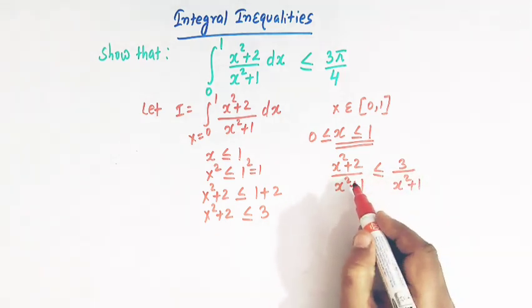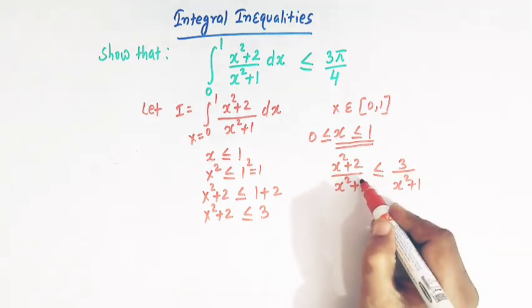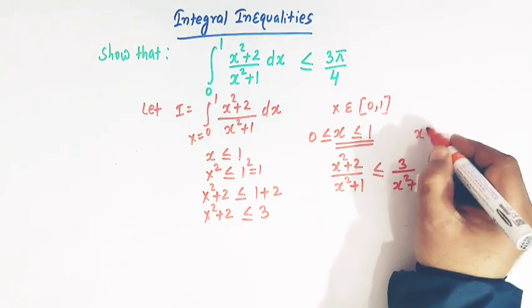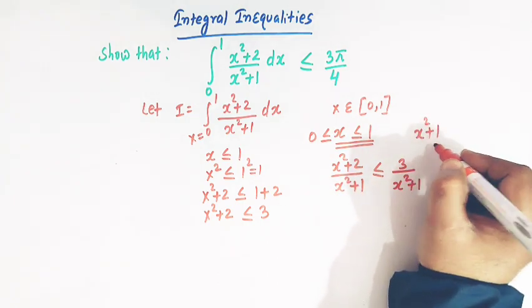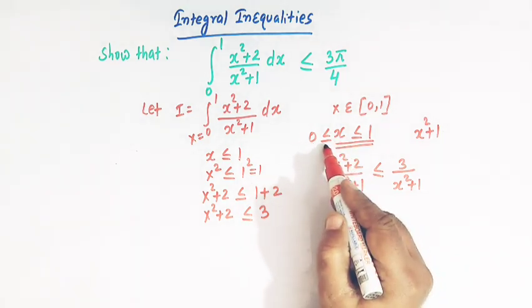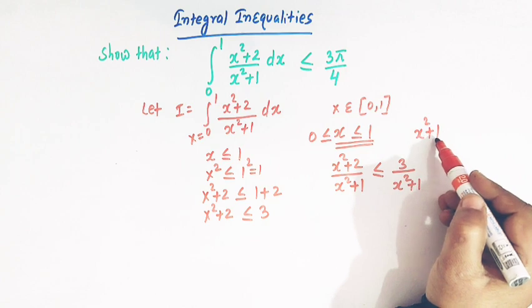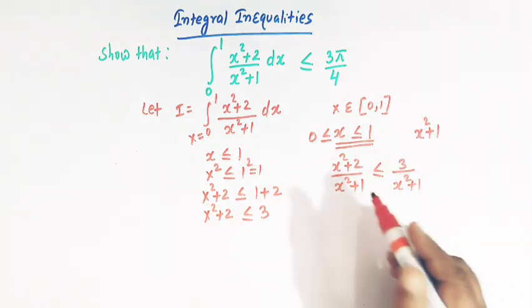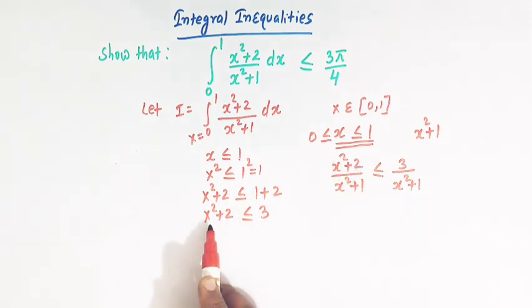One thing is very important: x square plus 1 is never equal to 0, because x is greater than or equal to 0, so there is no issue in dividing the inequality on both sides by x square plus 1.